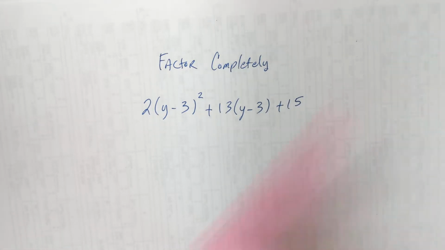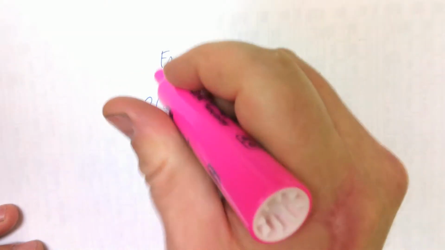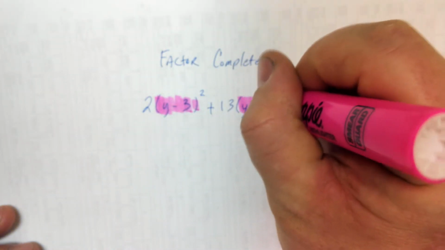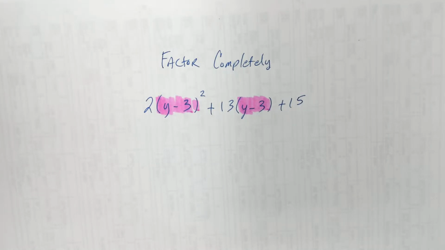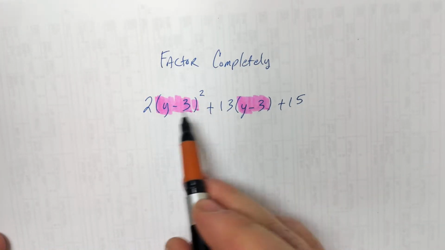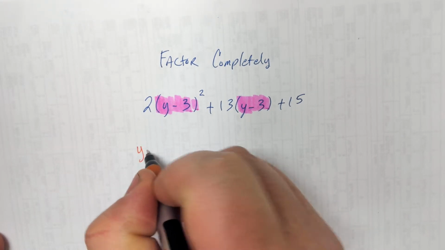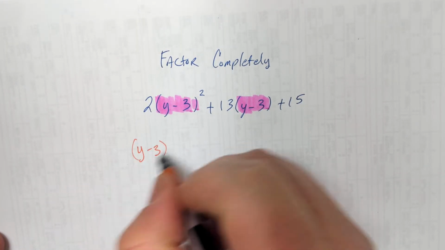But here's the thing I see for this one. These two things are what you can factor out of the first two terms. You can take that y minus 3 out, but there's two of them multiplying. So when we take out y minus 3, I have to use some brackets.